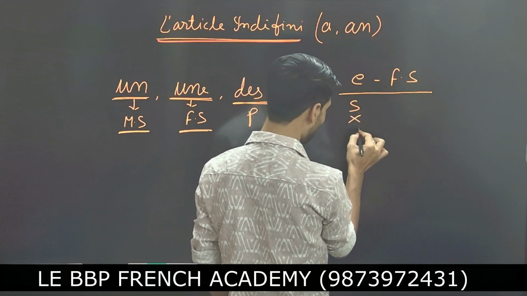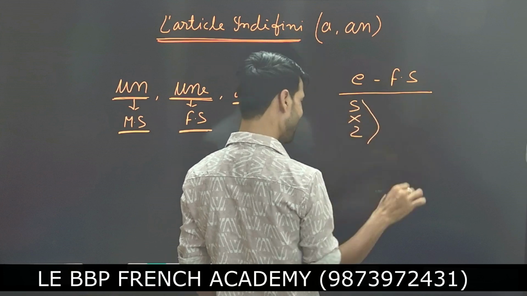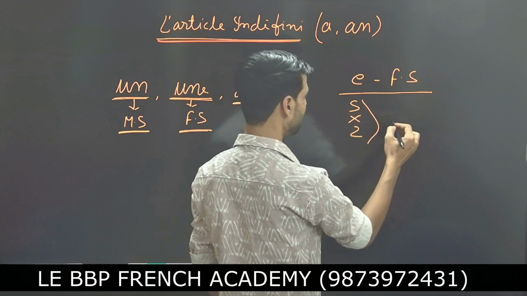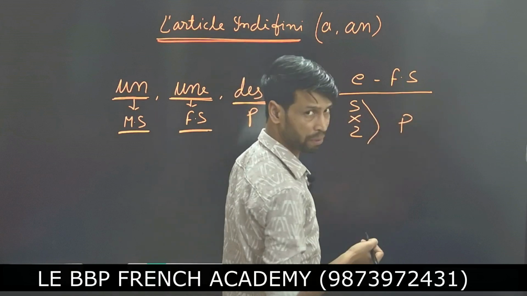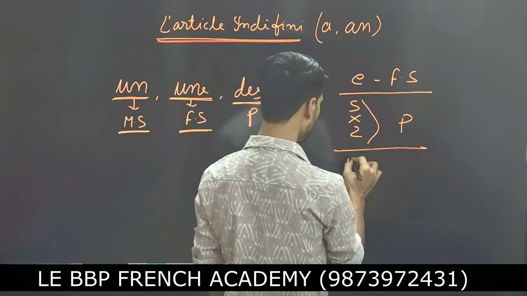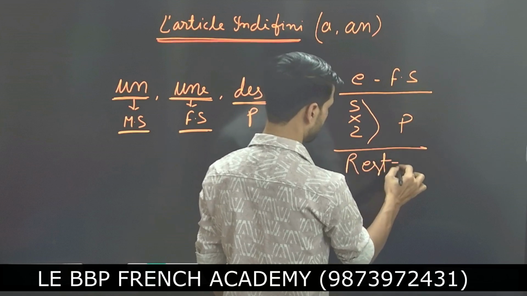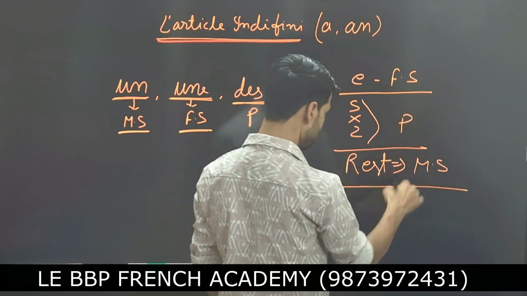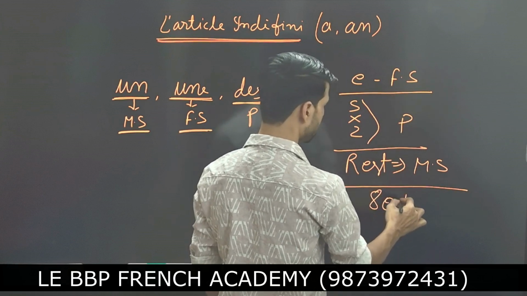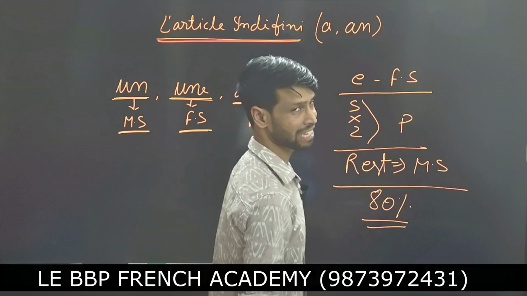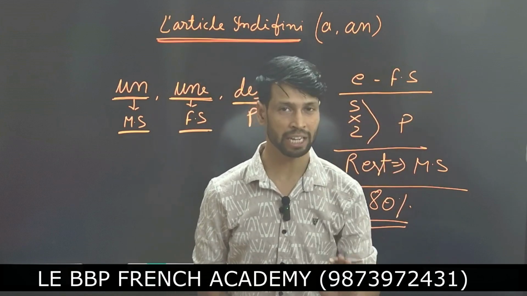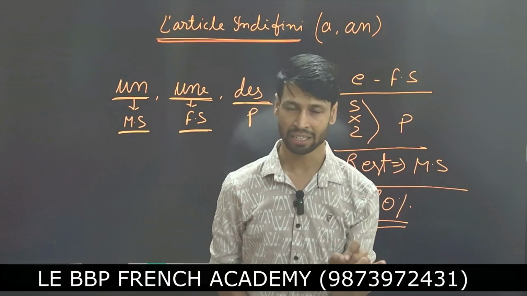If any objects end with S, X, Z, it means these are plural, and the rest are masculine singular. This rule works only 80% of the time, and the remaining 20% are exceptions. Okay, so it's clear.